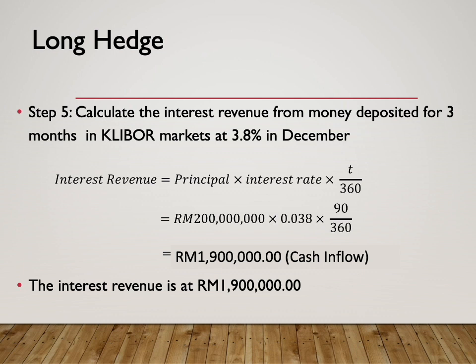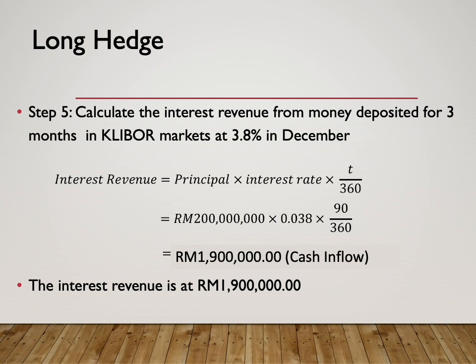So principal is 200 million times the interest rate in December. We use the interest rate in December because we lend out the money in December, at 0.0038 times 90 divided by 360, so you get 1.9 million cash inflow. Why cash inflow? Because it is an interest revenue.